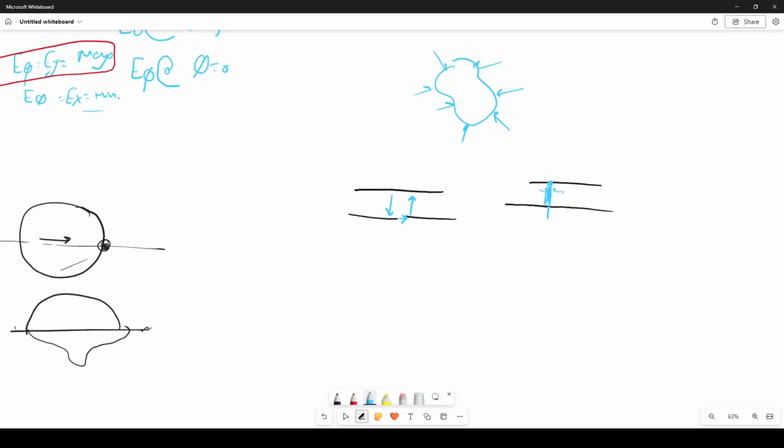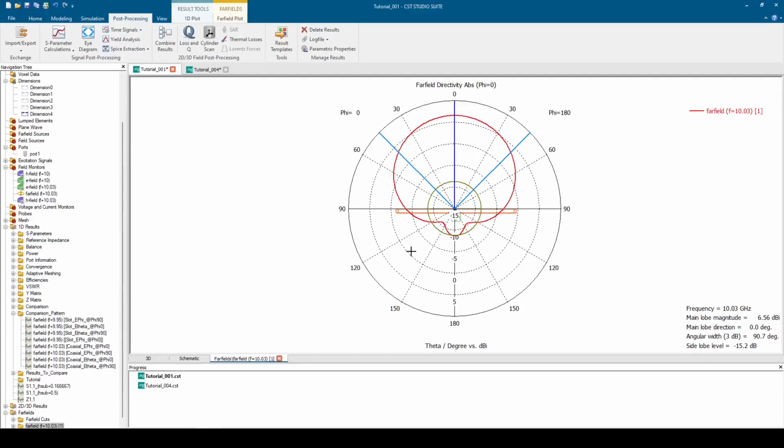So although the field is like this in the antenna, this disturbance here spoils it a little bit, but it's not so big. But in comparison, the slot fed antenna usually has a clean pattern in comparison with the coaxial feeding, or when you use a perturbation in the shape.